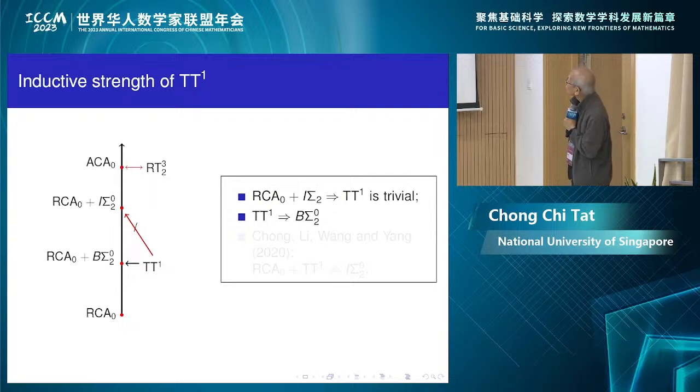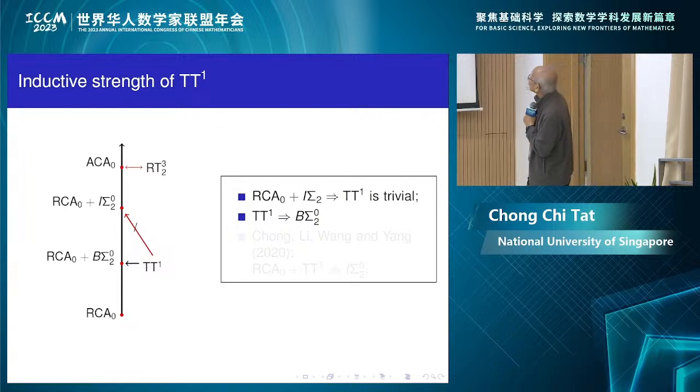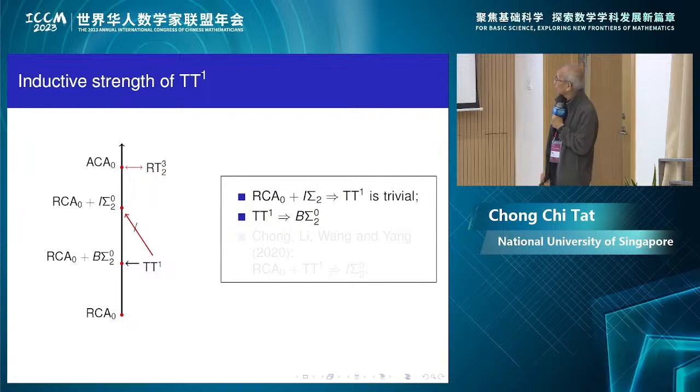But what was less trivial is that, in fact, this tree theorem also implies B sigma 2. In other words, at the lowest level, RCA0, it doesn't work. You have to go above it to the level of B sigma 2 in order for the tree theorem to hold.